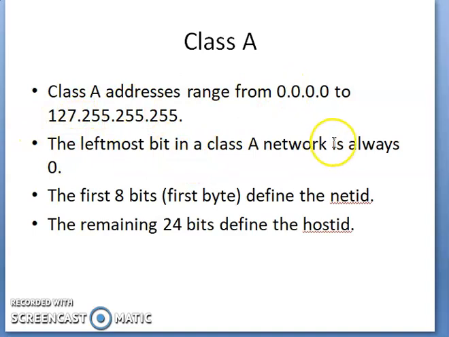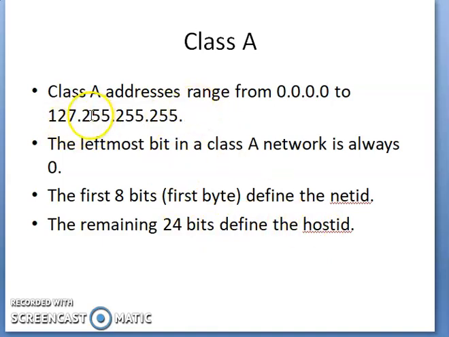So always the leftmost bit in the first octet of the IP address is going to be a 0, because if this bit becomes 1, then the number is going to become 128 plus whatever the following bits are. The first 8 bits are used to identify the network, and the remaining 3 octets are used to identify the host, that means the machine.